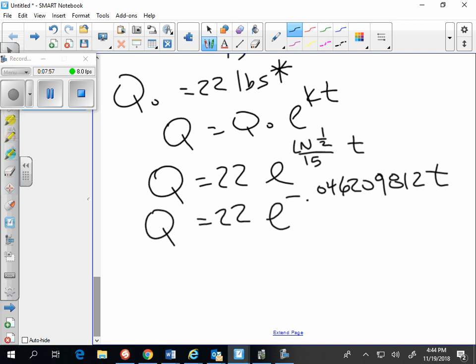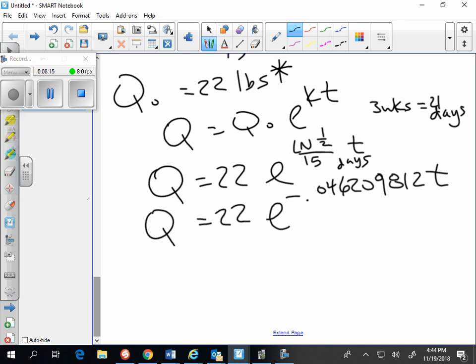Okay, so we've got our model. We're ready to look at what the questions ask. How much of the gnome will be remaining after 3 weeks? Well, remember the half-life time was in terms of days, and 3 weeks is 21 days.